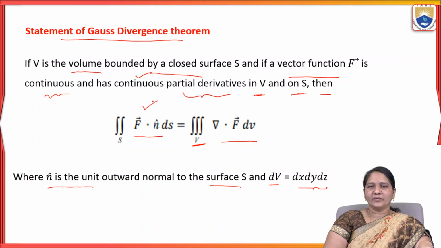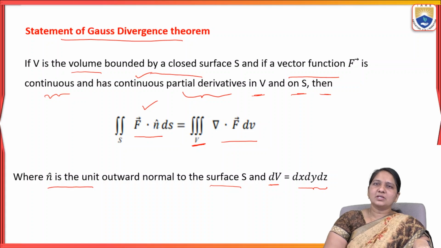What is n cap, the unit outward normal, and what is the formula for that? All this information we already discussed in the surface integral. That is the basic information you should have from the previous topics to solve the problems, as we are going to use those formulas in the problems.